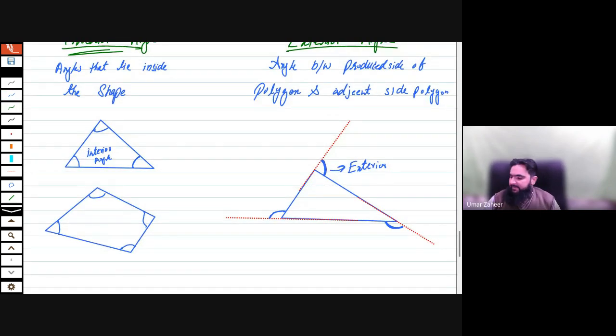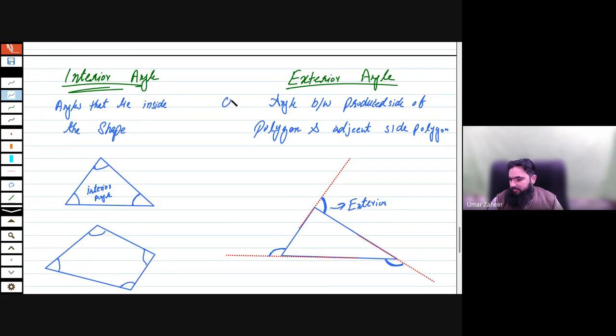Look here. It is the extended side, and obviously this is the adjacent side. So the angle between these two is known as the exterior angle.